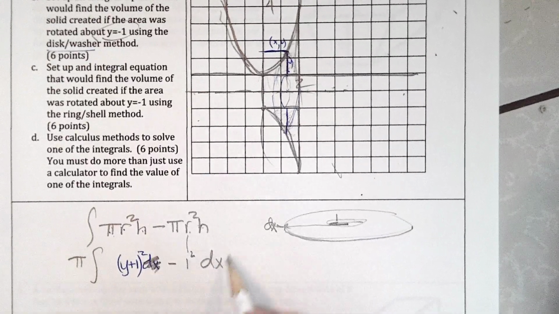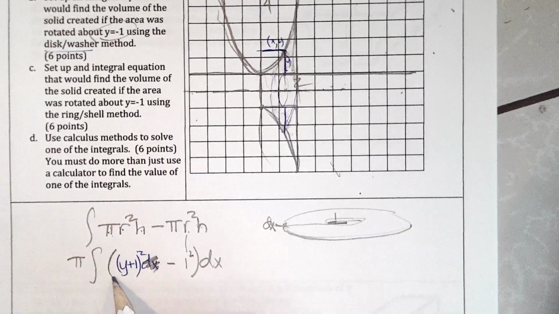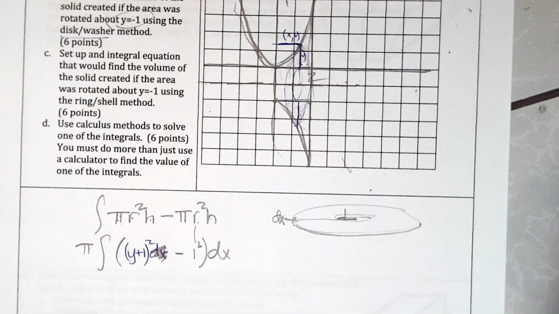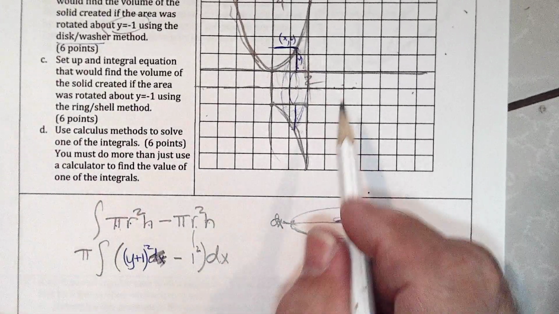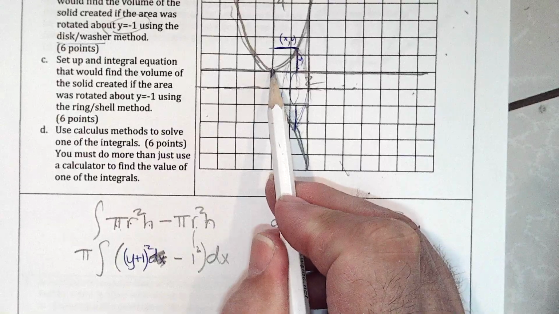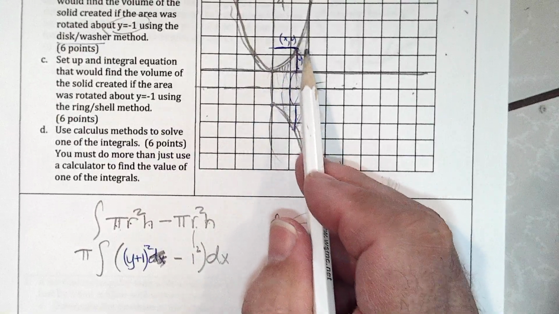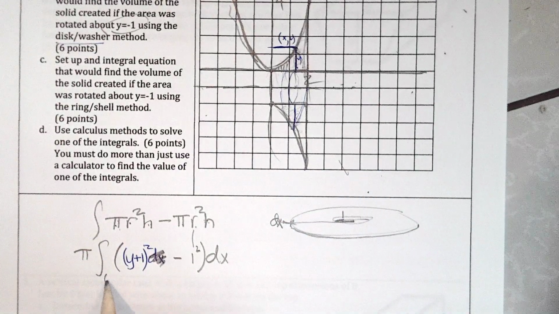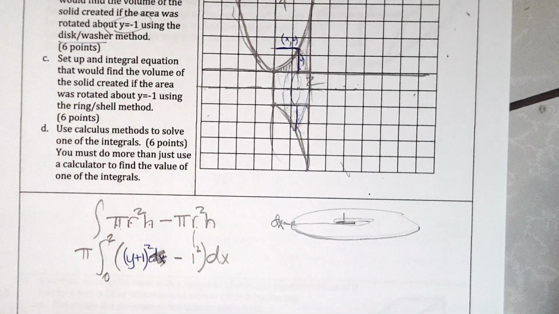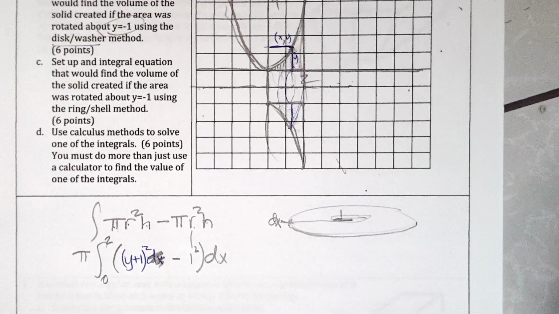So I'll just move this dx out here for the hole. And I want to integrate this. The x is going to start here and work all the way over here. We're going to do these little discs all the way out to the outside, 0 to 2. That's the setup for the disk method on this.